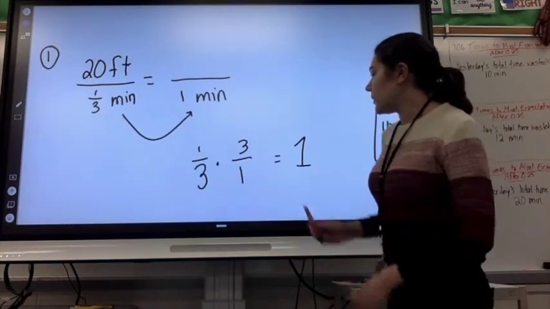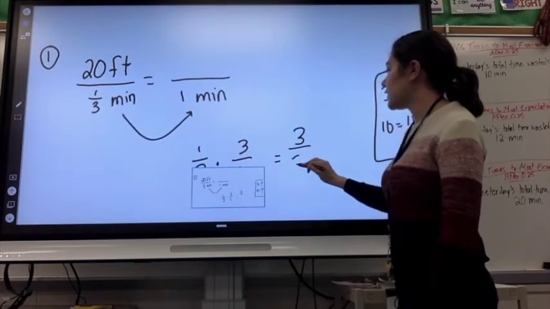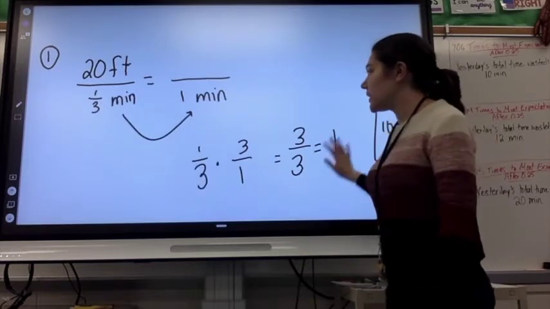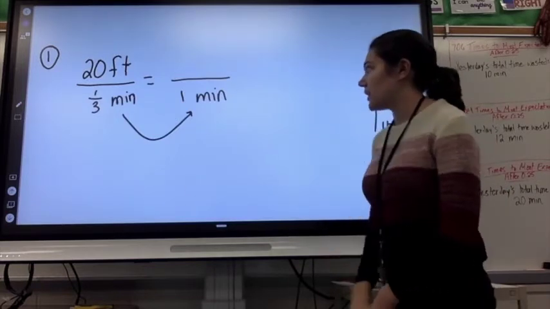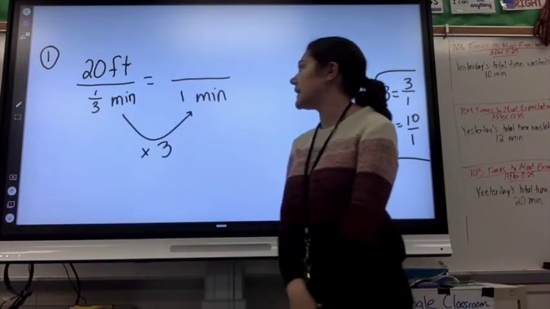So at that point, we multiply straight across. 1 times 3 is 3. 3 times 1 is 3. And we get 1. So the most important takeaway here is that 1/3 times 3 is going to give me 1.